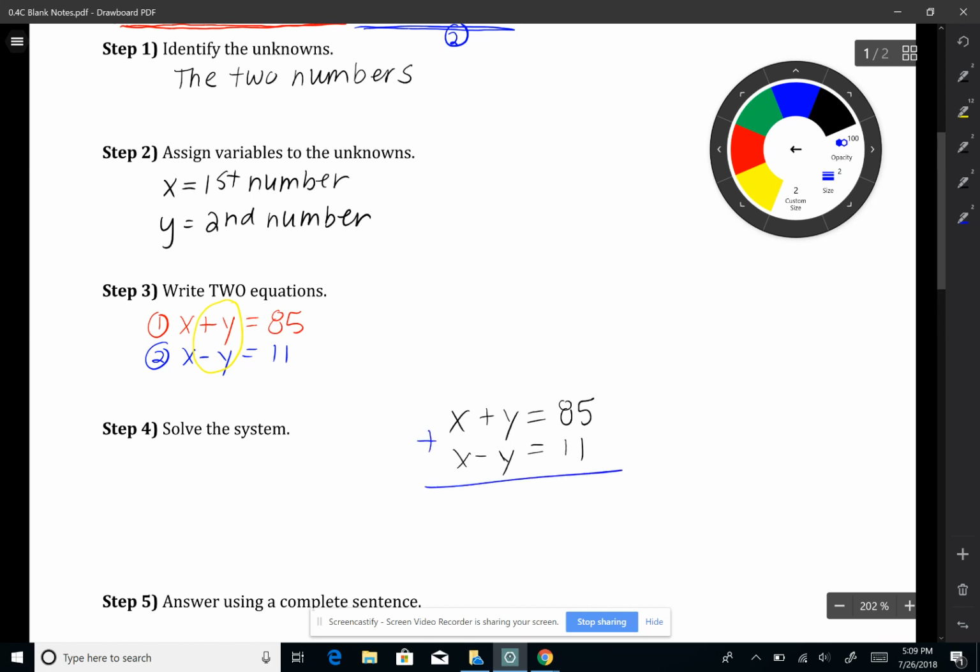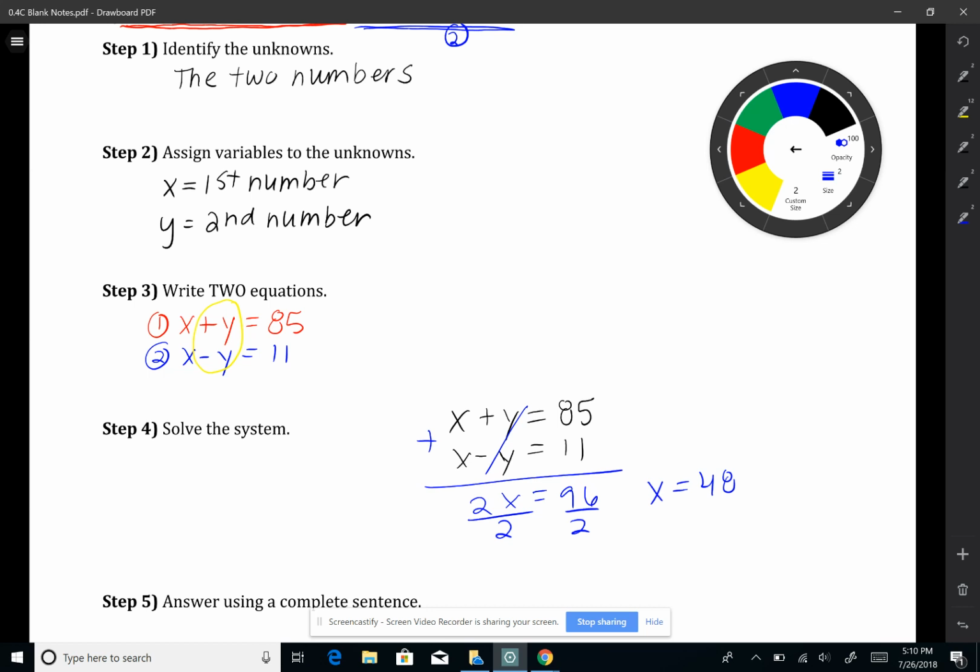x plus x gives me 2x. My y's cancel. 85 plus 11 is 96. Divide by 2. And 96 divided by 2, don't feel like you can't use a calculator because you can. That's 48. Okay, so if x is 48, I need to go find y.